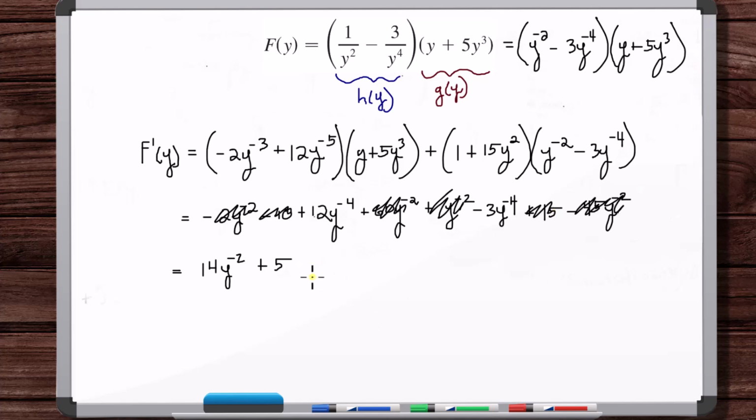And then 12 minus 3 is 9. All right, so we've got 14 over y squared plus 9 over y to the 4th plus 5.